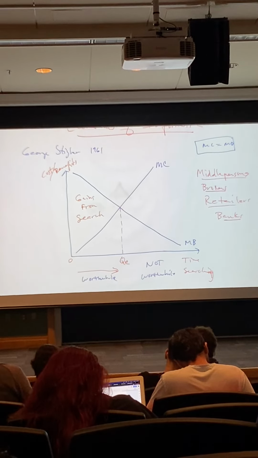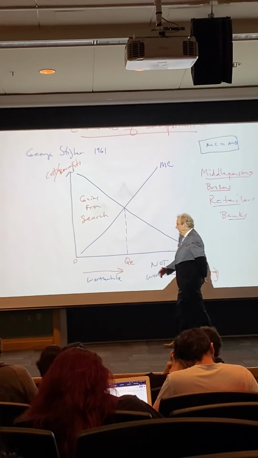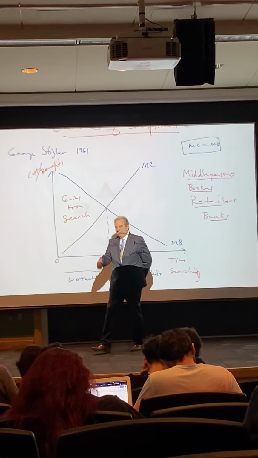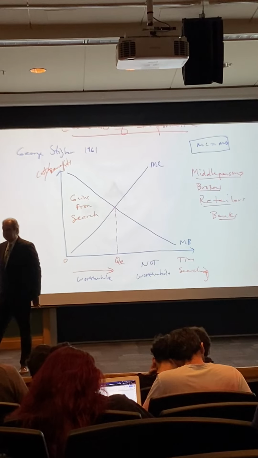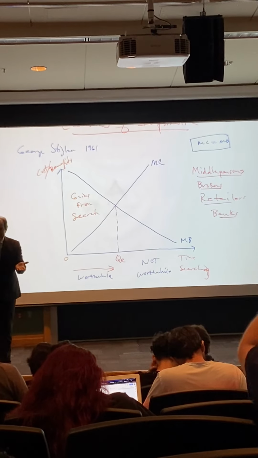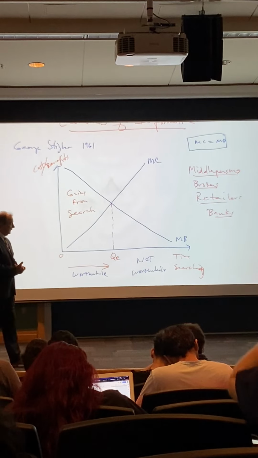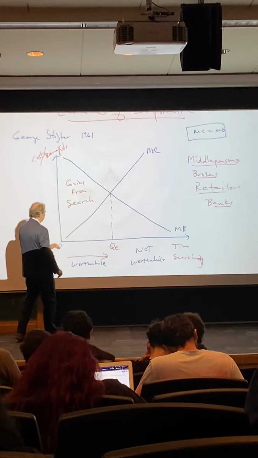Now, when you think about this, Stigler points out, rational agents will only search over some period of time before they make a decision. You don't search indefinitely, because if you're searching, you're not making decisions. You're acquiring information to help you avoid making mistakes, but there's a rational cutoff point, depending on the costs and the benefits.